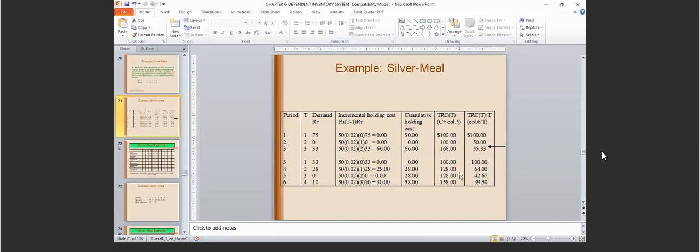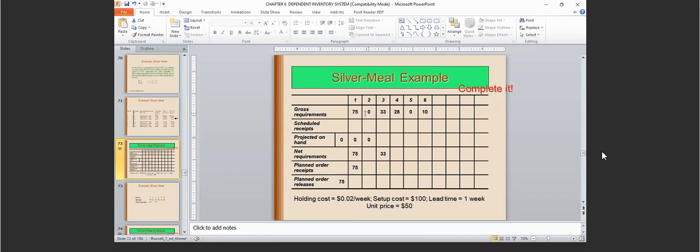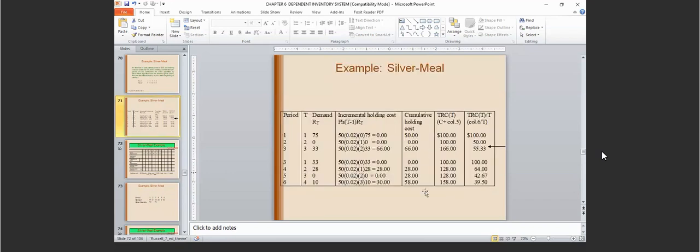So we can add more gross requirement, the next gross requirement in our planning, but based on the information, we only have the gross requirement until the period 6.